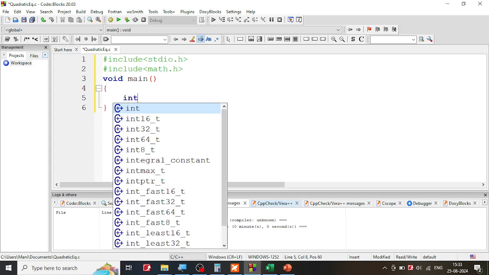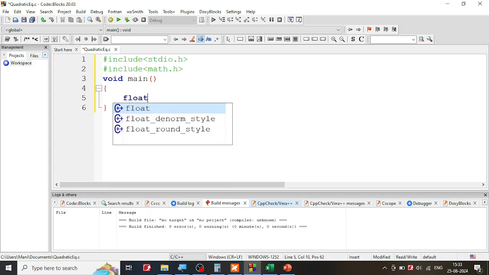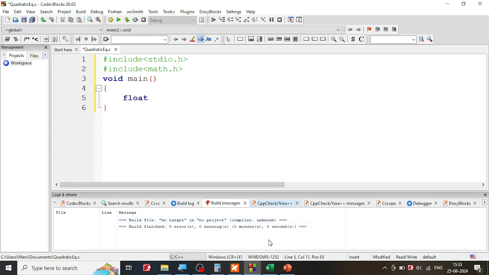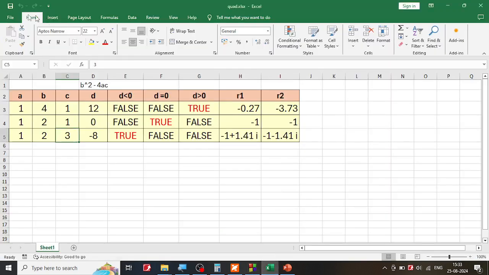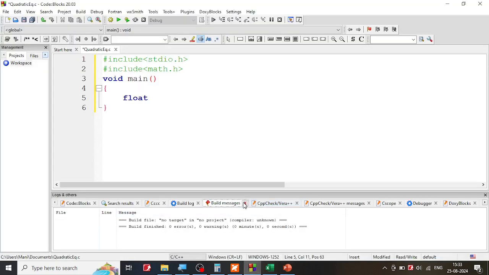You know very well what things are required in this particular equation. To solve it, we need the values of a, b, c, and we have to find the discriminant d. So I'm going to declare the coefficients a, b, and c, and the discriminant d. There are two possibilities.